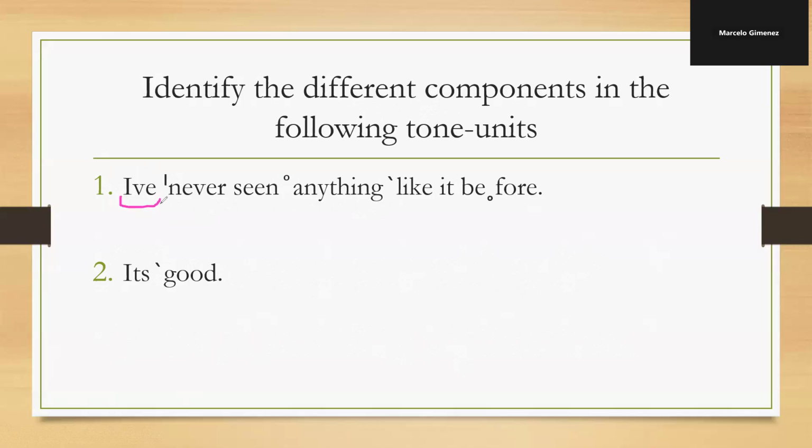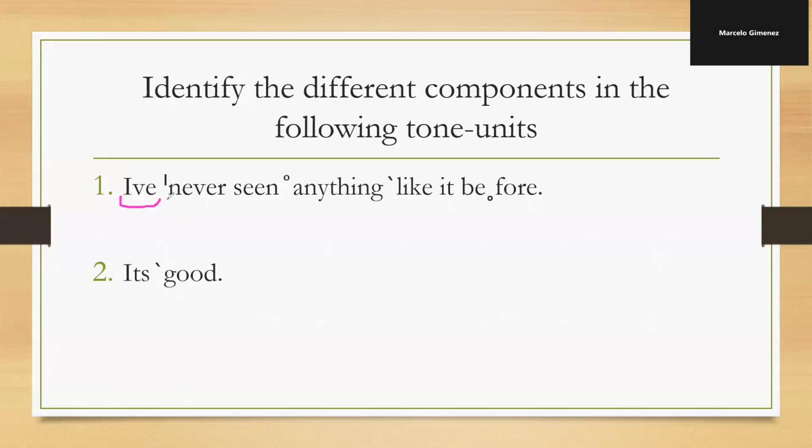Some people do it like this, some people highlight it, so one color is for the pre-head, one color is for this. When it comes to marking the onset or the beginning of the head, my suggestion is that you highlight or underline the syllable that takes the onset, not the word, the syllable.